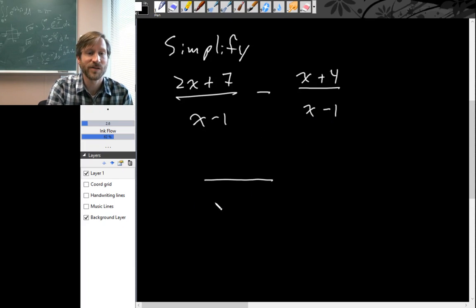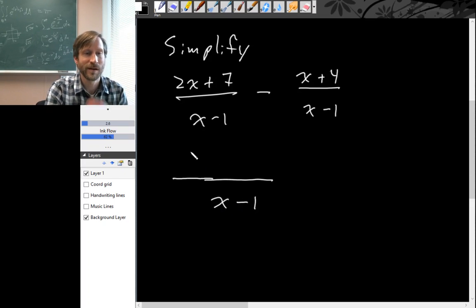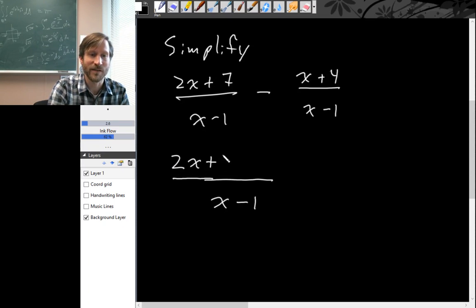The denominator of the result is going to be x minus 1, and that is true. And then in the numerator, I just need to subtract the numerators. And they write 2x plus 7, everything is okay so far, minus x plus 4.